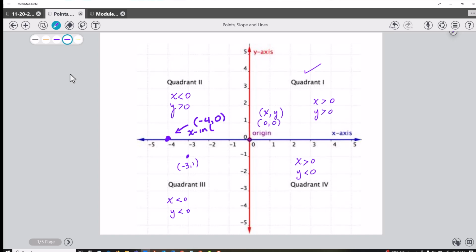So that would be an x-intercept. I could have an x-intercept here, which would be 5, 0. So notice the x-intercept is when the y is 0. The y-intercept now is when the x is 0. So this would be a y-intercept. So I wanted to get that thrown in there.